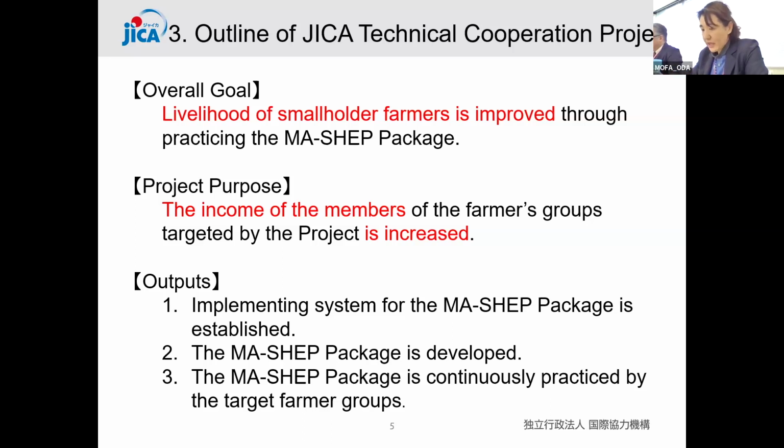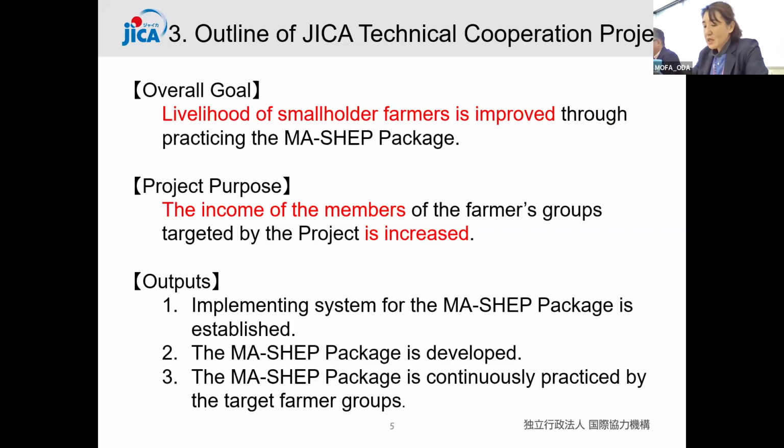And then the project purpose is that the income of the members of the farmer group targeted by the project is increased. And then the project output, it means the activity, is the training for the government officials to understand what the SHEP approach in Japan is. And then the participants of the training made the action plan, and after returning to the country, they implement the concept and disseminate the SHEP approach to the farmers in the field.